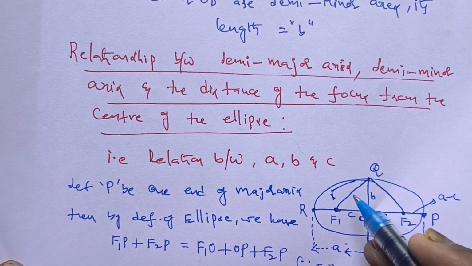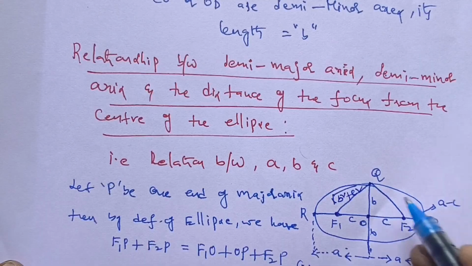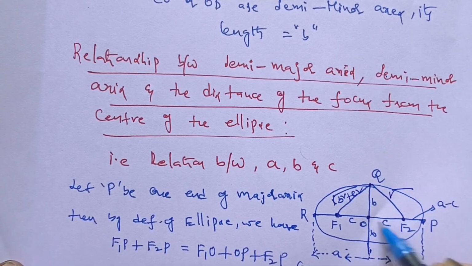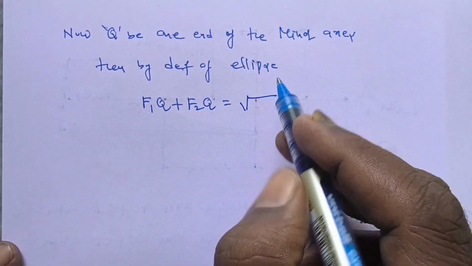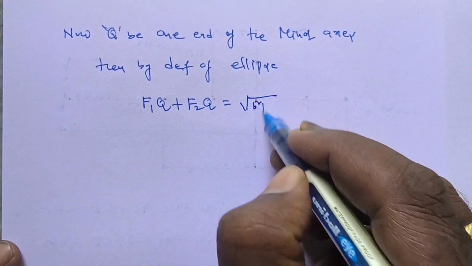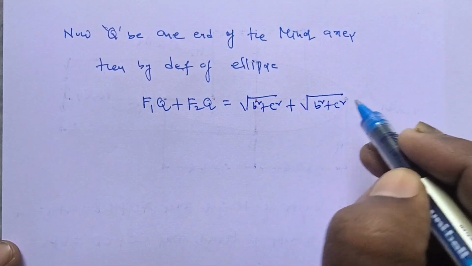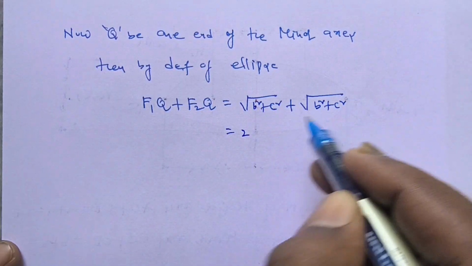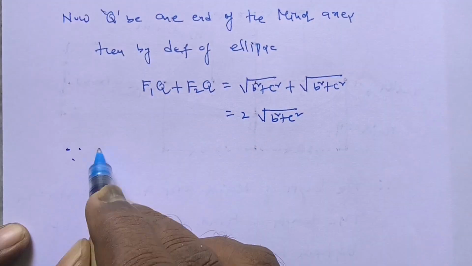By the Pythagorean formula we have, this is the hypotenuse, so this is square root of b square plus c square. Similarly, this is also the hypotenuse, also equal to square root of b square plus c square by using the Pythagorean formula. So it equals square root of b square plus c square plus square root of b square plus c square, that is equal to 2 square root of b square plus c square.